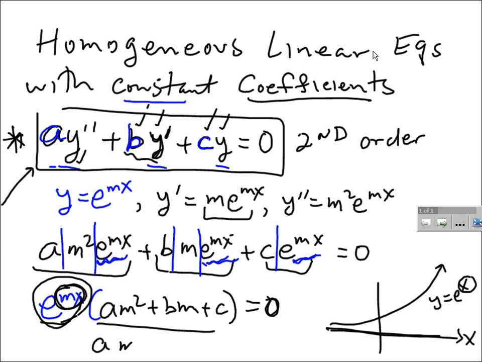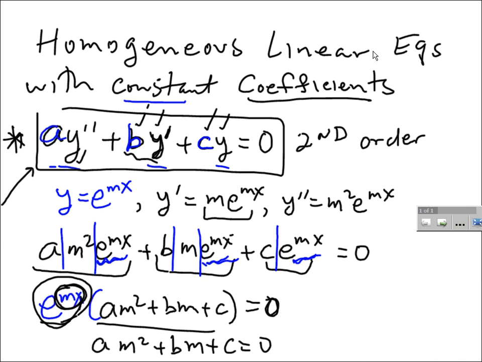So it must be that am squared plus bm plus c equals 0. And this is the equation that we got from equation star. This is called the auxiliary equation for equation star.